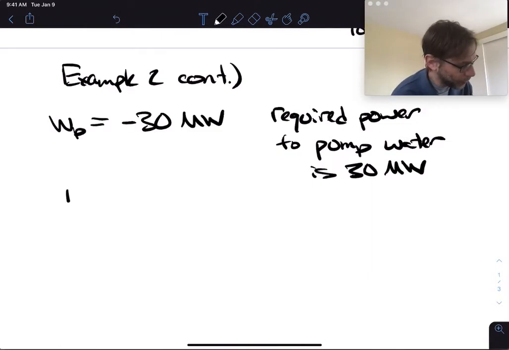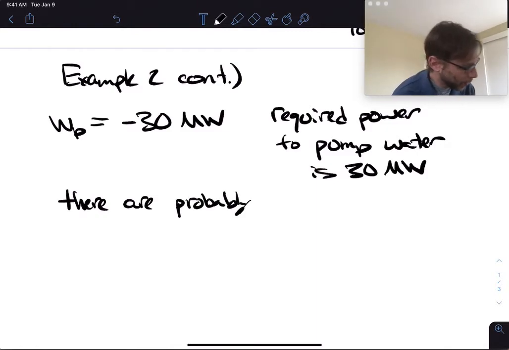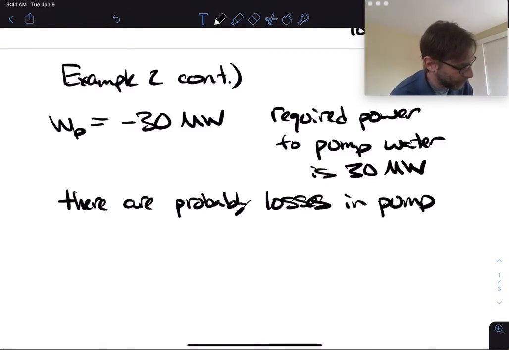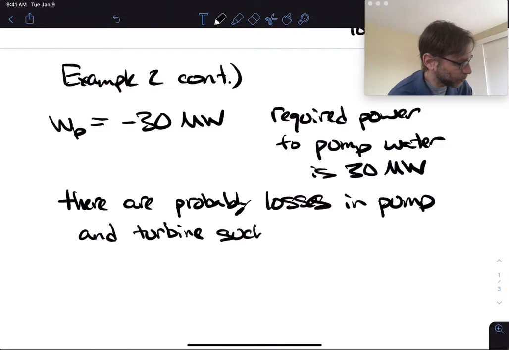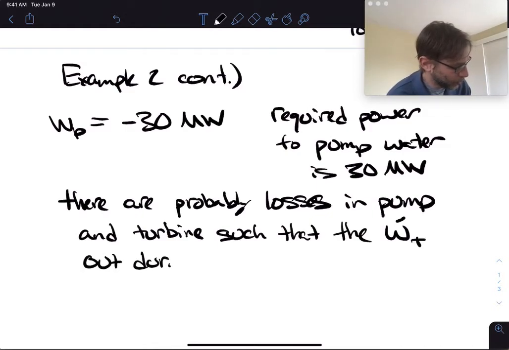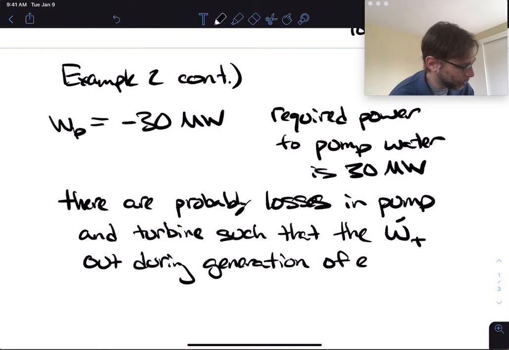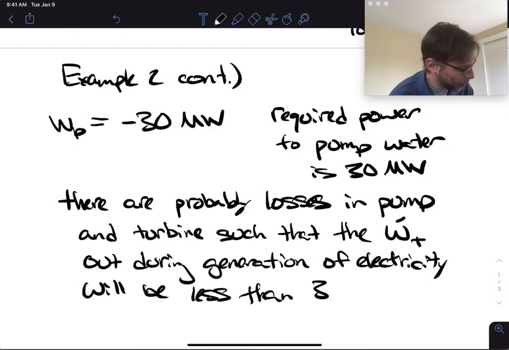But then we're going to just say there are probably losses in the pump and turbine such that the work dot of the turbine out during generation of electricity will be less than 30 megawatts.